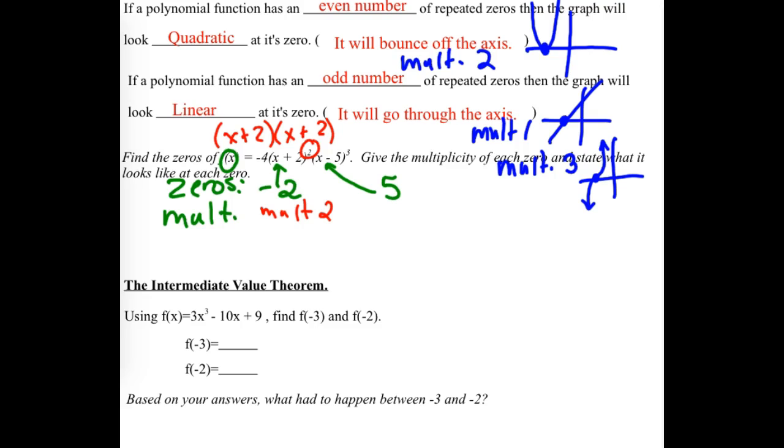This one is showing up 3 times. So the 5 has a multiplicity of 3. Okay? And we said if the multiplicity was even, it's going to look kind of like a parabola there. It's going to touch and bounce.